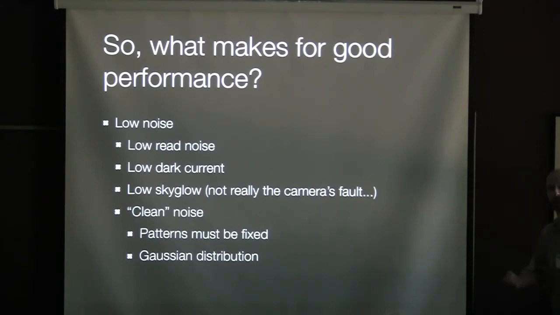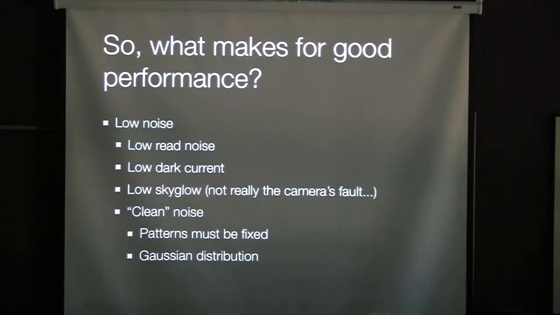Yes, with dark frames, you can subtract out the expected value on average of what that dark current should be, but there is shot noise associated with it. And that shot noise you're not going to get out by dark subtraction. So if you have a lower dark current or you have lower sky glow, which of course isn't going to be your camera's fault. Your camera can't know whether you're sitting next to LA or you're in New Mexico skies. So this is going to end up making us better.